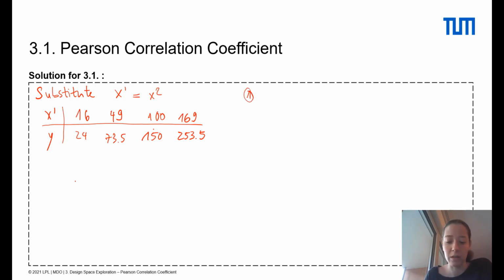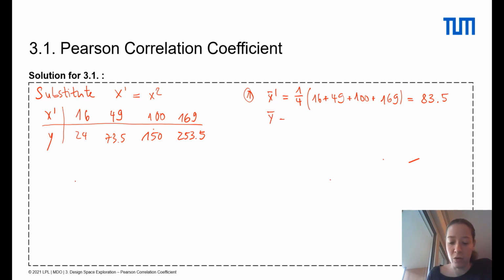To compute the Pearson correlation coefficient, we start with the means. So the mean of x prime is just 1/4, because we got 4 samples, times the sum of the values of the samples, and we plugged that into the calculator and got 83.5.